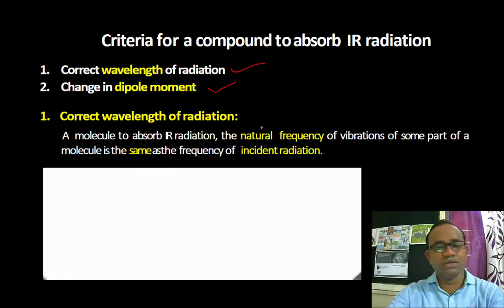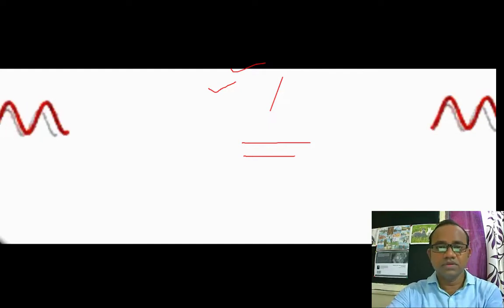It should be the same as the natural frequency already present in the molecule because of the vibration of the chemical bond. When that equals the incident radiation, that is when we shine the IR light on that molecule, in that case the molecule can absorb the IR light.